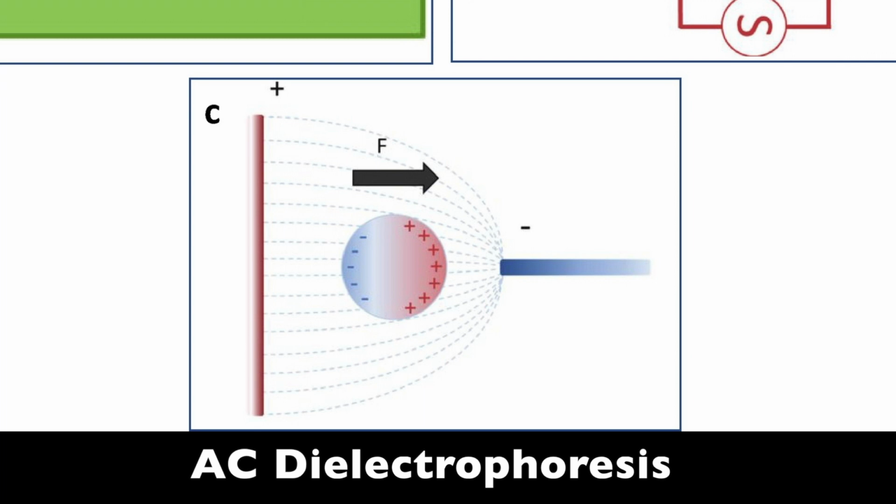Now, this causes the object to move towards the low electric field region. So the time average DEP force acting on a spherical object of the radius a in the medium can be calculated using the real and complex permittivities of the particles and the medium.